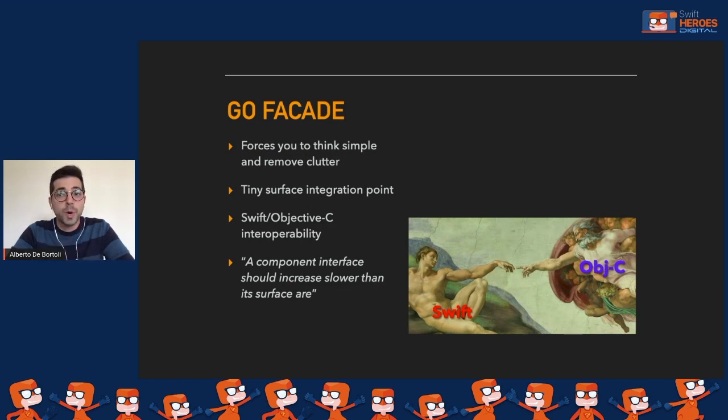Also, modules will eventually evolve and grow in size. Think about the following statement. A component's interface should increase slower than its surface area. This both applies in the small to classes and in the big to the modules. You know that classes should be open to extension. Let's say that we add a few new methods to a class.